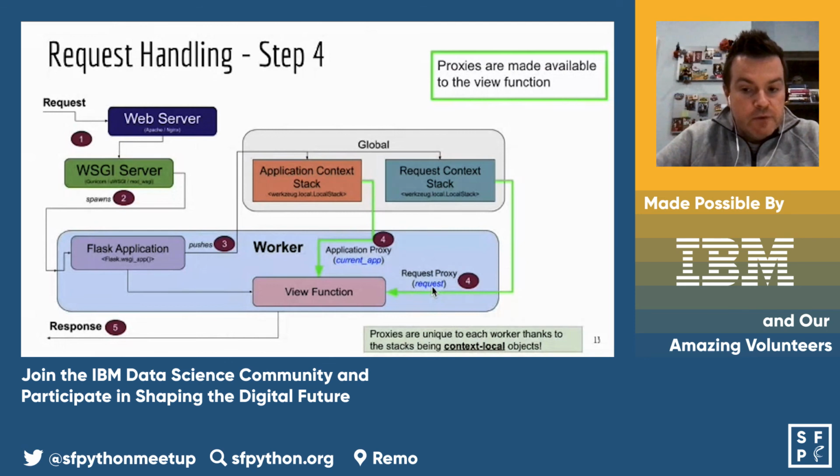So really what's local to that context. These proxies allow you to access those stacks, but the proxies are always unique to the worker. So you can have multiple workers here. They'll each have proxies to these stacks, but they're only going to be able to access the data that's unique to them. So this is a really cool design feature of Flask. And these proxies really make life a lot easier, and we'll take a look at how that works here.